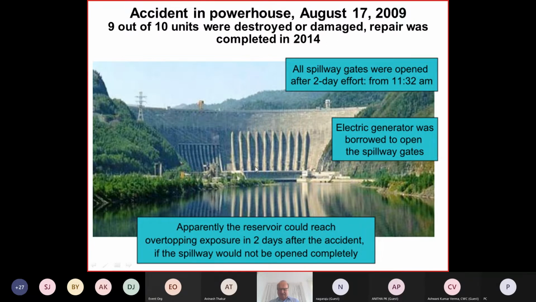Now, this power plant then was out of operation, and it is clear the Yenisei River is a big river, plenty of mosquitoes in summer. And they had to release the water to the spillway during 5 years. You know, the spillway is basically only designed for releasing water for a few days, but not for years.